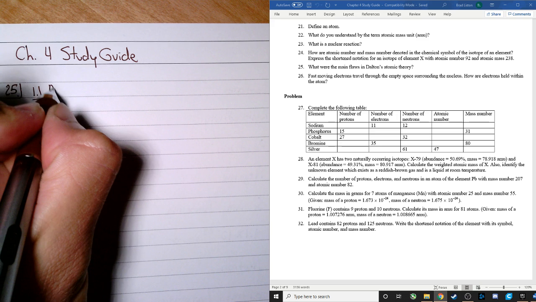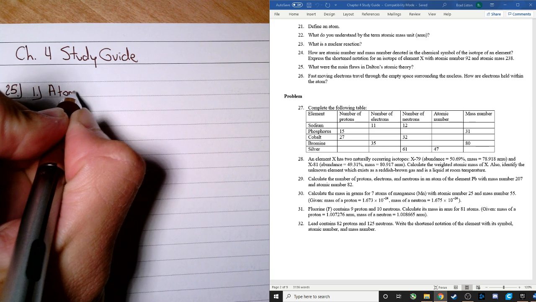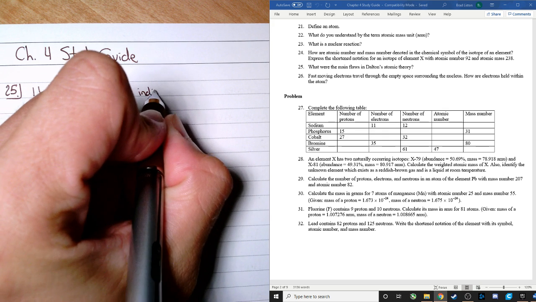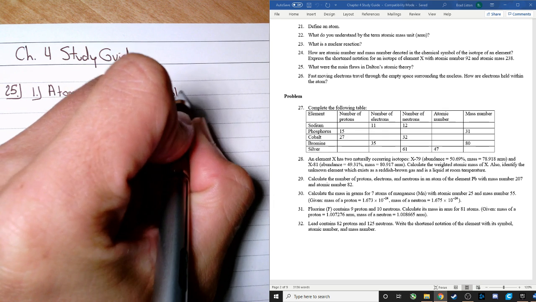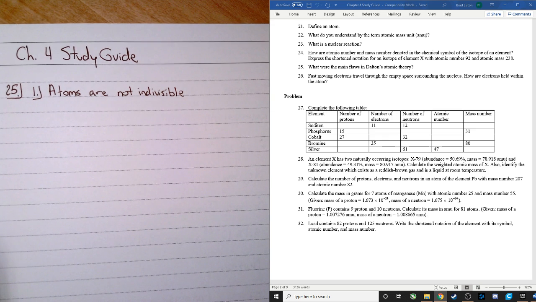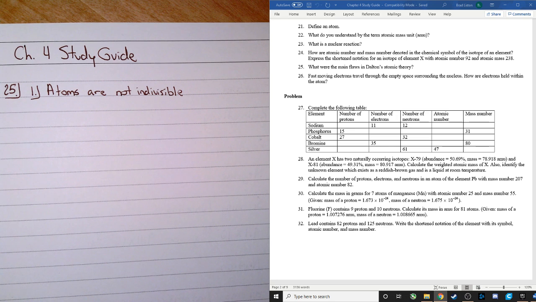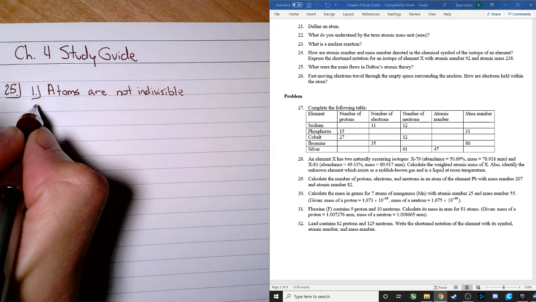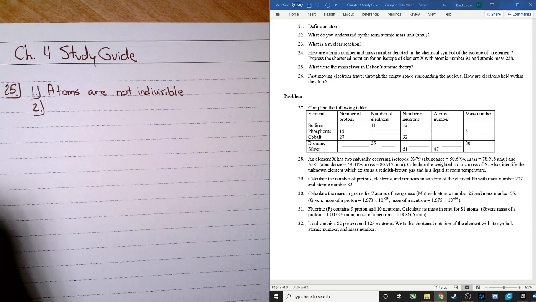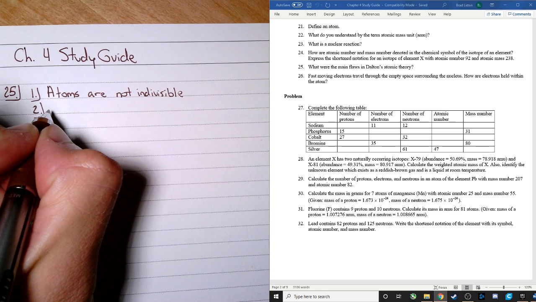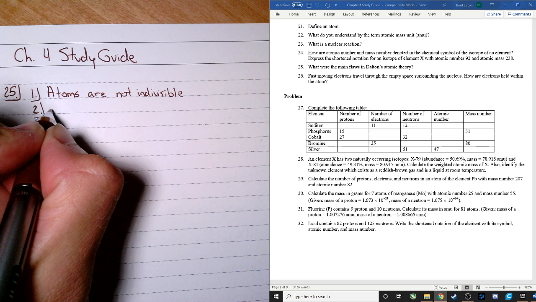Atoms are not indivisible. We know that they are because, well, there's protons, neutrons, electrons, and even further down than that, there are quarks. And then the second main flaw, basically all atoms of an element, they don't have identical properties. We know that they all do have the same chemical properties.